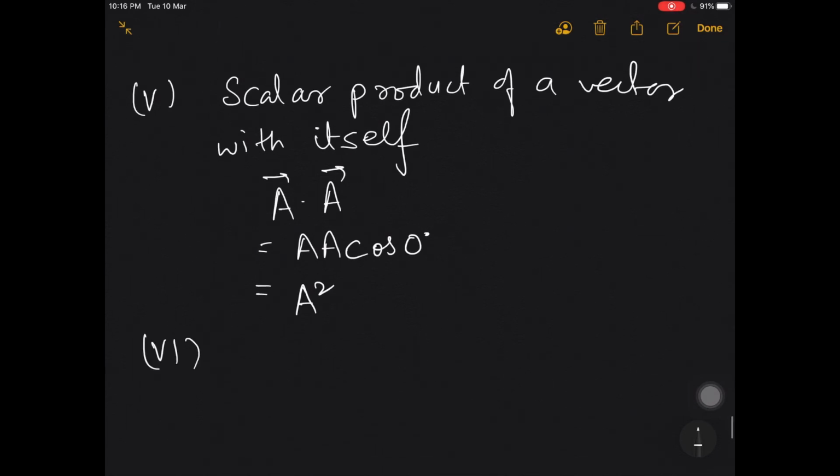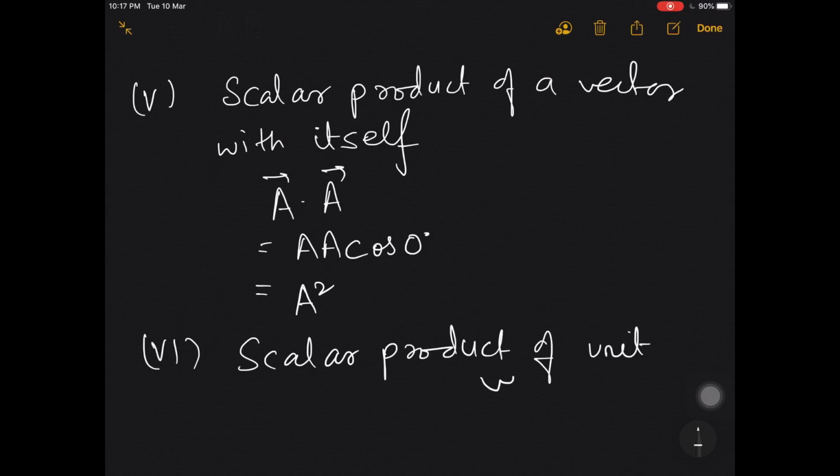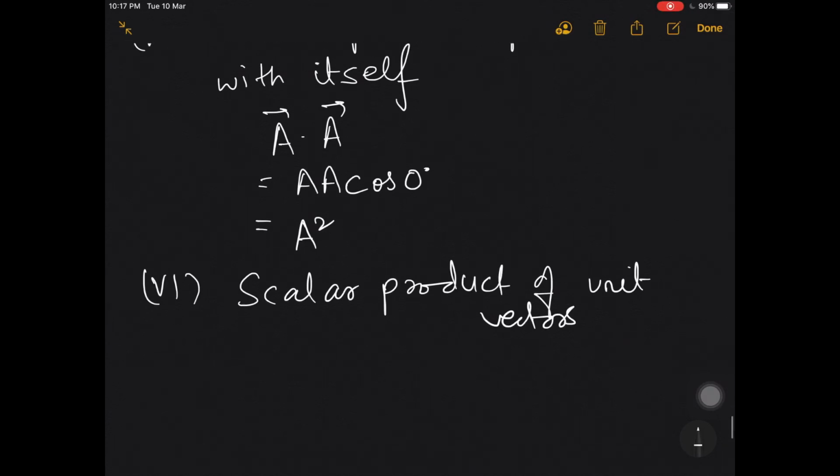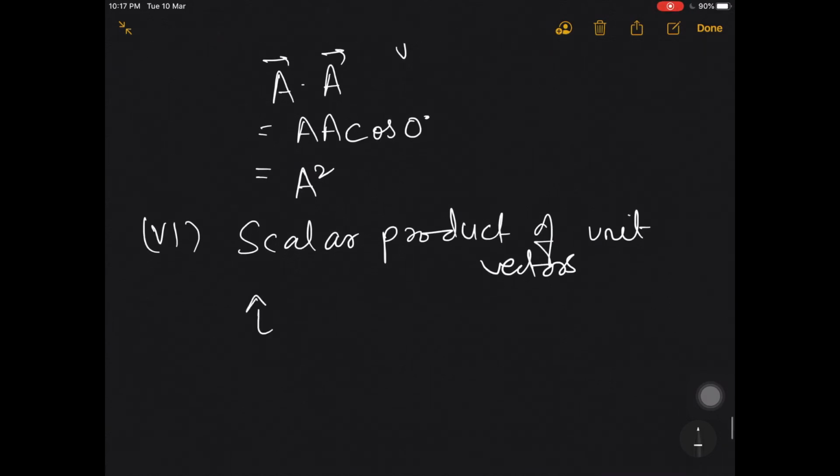Let's find out the scalar product of unit vectors. Say I do i dot j. The magnitude of i is 1, the magnitude of j is also 1, so the multiplication is 1 into 1 cos 90 degree. We all know that i and j are perpendicular to each other.